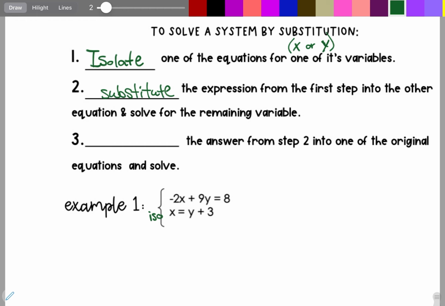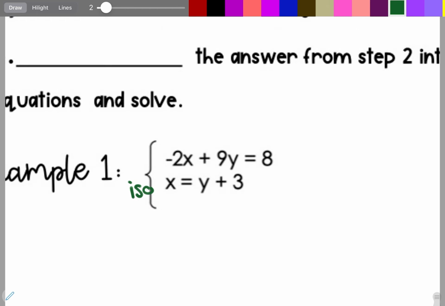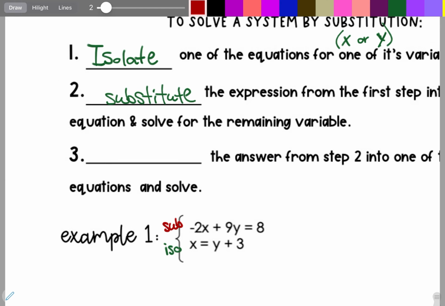So again, when you see a problem, you'll see an ISO equation. Automatically, this guy needs to be our substitution equation, okay? ISO sub. You got to have an ISO and a sub in order to use the substitution technique.